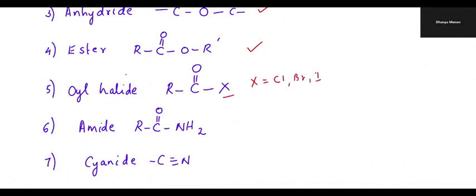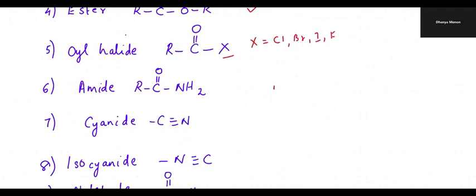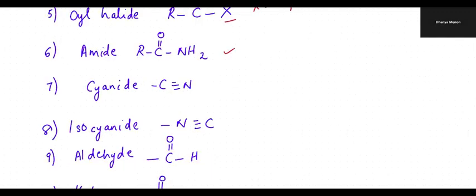Okay. Acyl halide. The next priority is amide, RCONH2. The next one is cyanide, CN. The next in priority is isocyanide, NC.